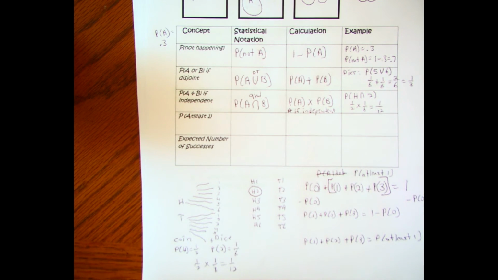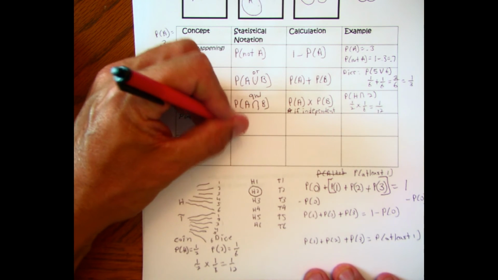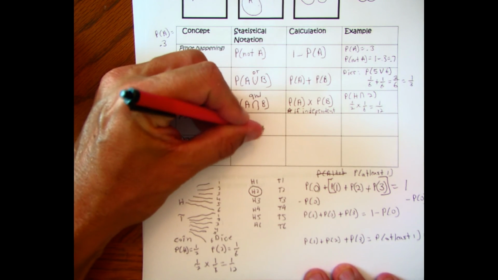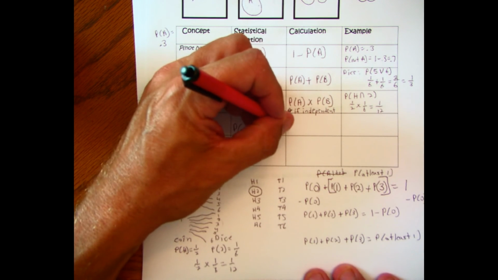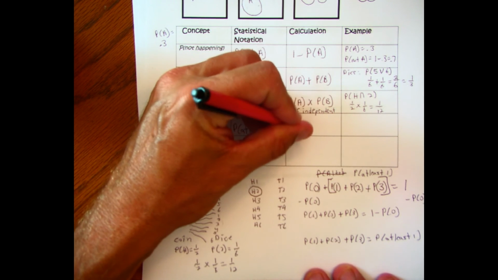So the probability of something happening at least once is 1 minus the probability that it does not happen. The statistical notation is at least 1, and the calculation is 1 minus the probability of none.